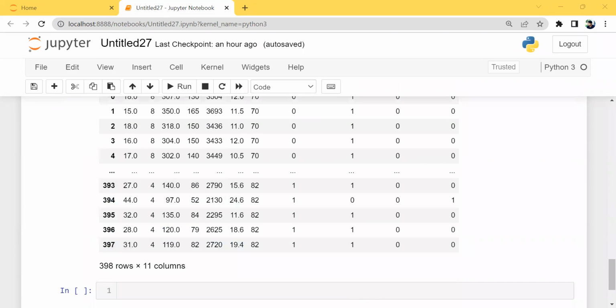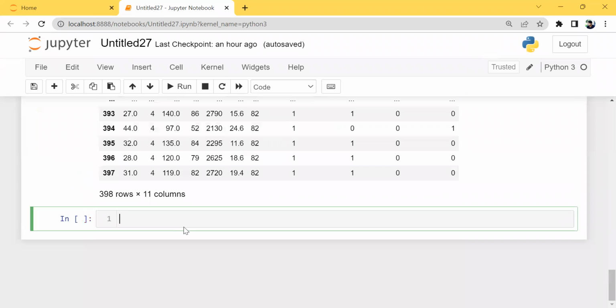Okay, so now you have got the dummies here. What we can do is try to read what the data actually is. For that, we need to use describe here.